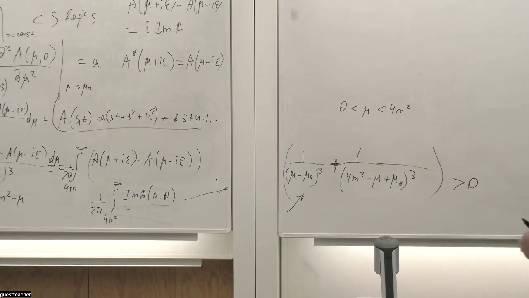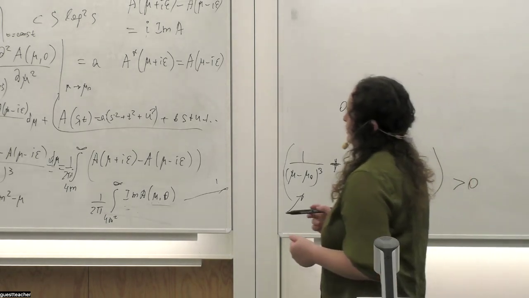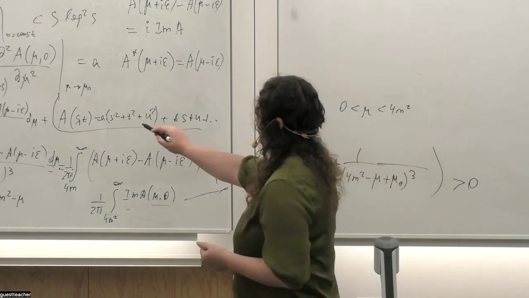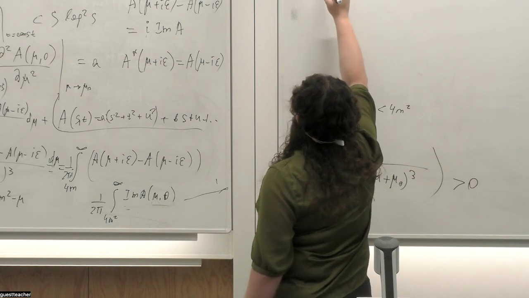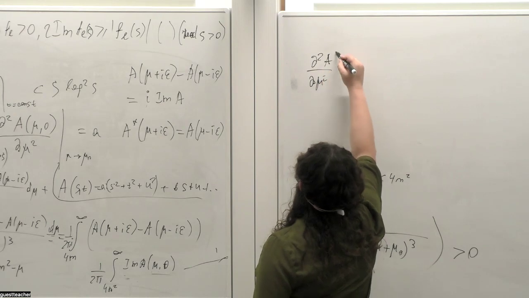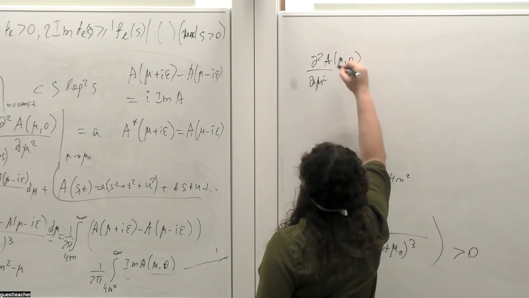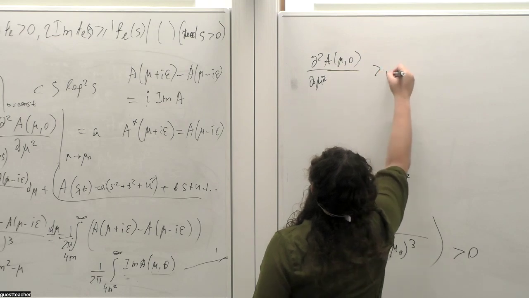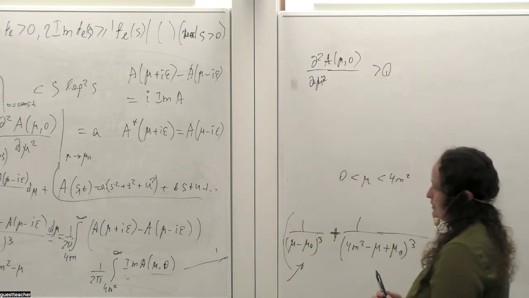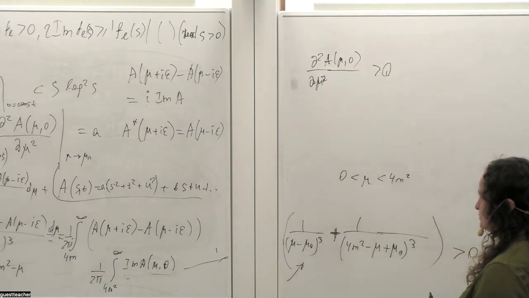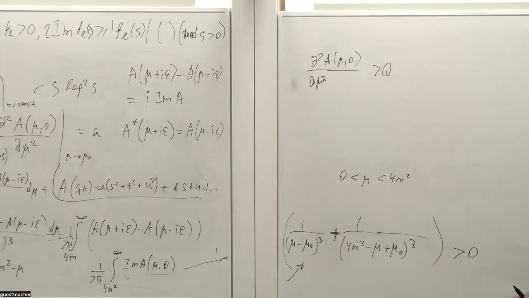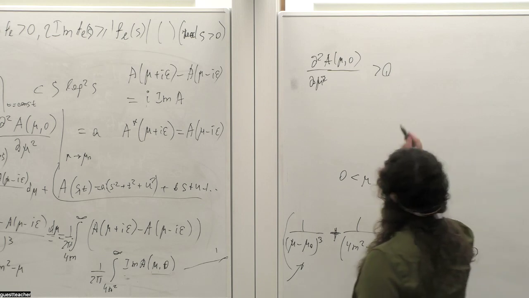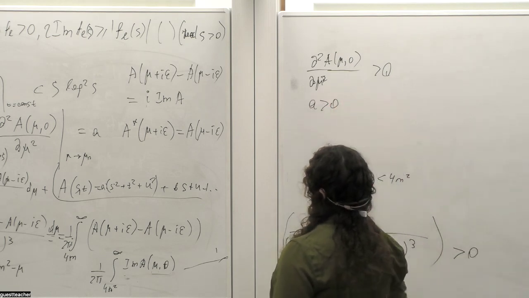So this way I derived that, from this amplitude, or more generally the second derivative of the amplitude taken at t equal to 0, will be always positive in a theory consistent with UV completion having the listed properties. And it implies that A is a positive number.